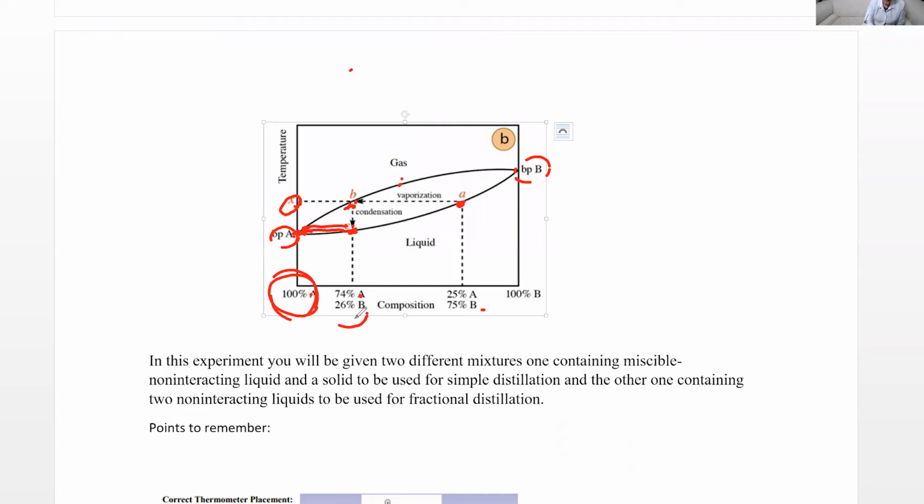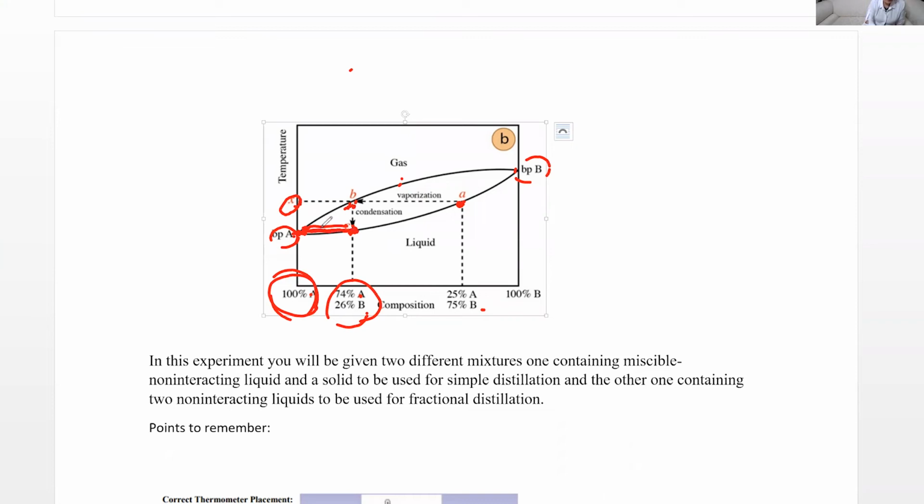So for simple distillation, you might get a distillate that is rich in A. But for fractional distillation, the vapor is not going to the condenser yet.